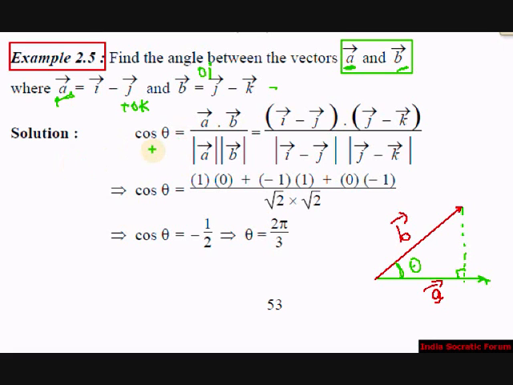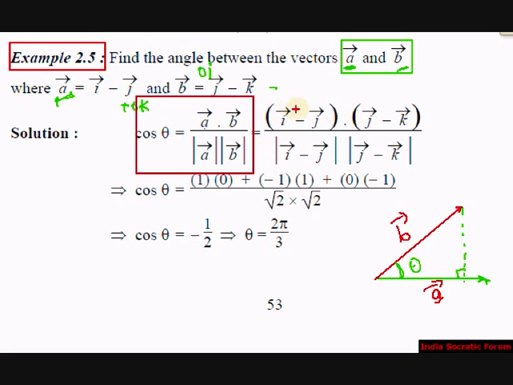How do we solve the angle between? The formula is cos theta. This we know very well, right? So a vector dot b vector is what? We have to do the dot product of these. I into 0i is 0, minus 1 into j is minus 1. This is how we have to write.